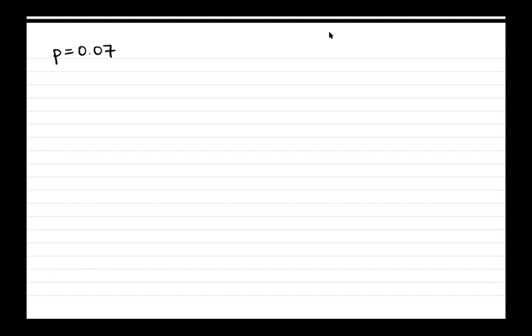So the question is, is our sampling distribution normal? And you need to check conditions in order to prove that it's okay to assume that the sampling distribution is normal, okay? So let's check that.